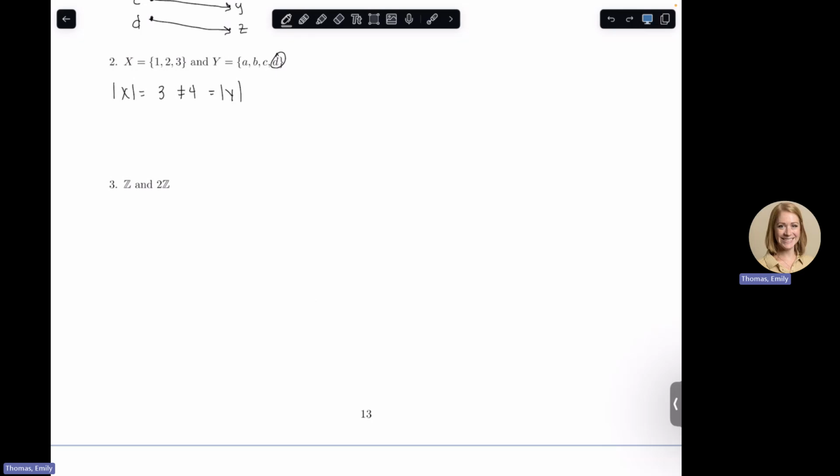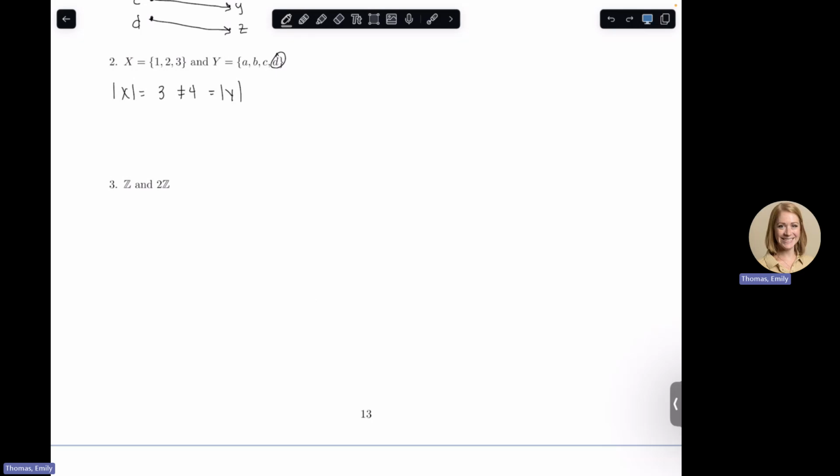So, y'all, there are levels of infinity. There is what is called countably infinite, which means in theory that you could list them if you had infinite time.